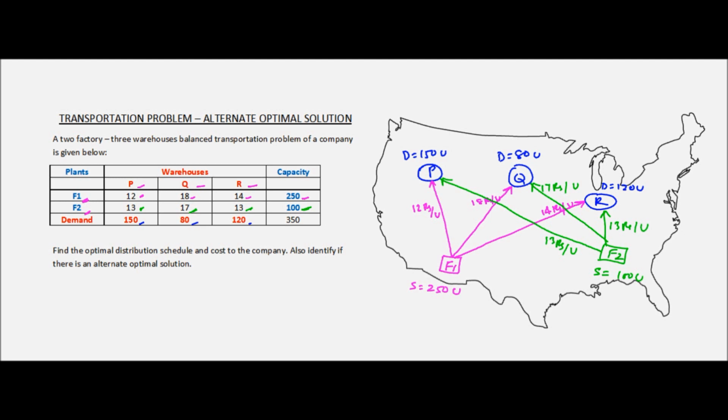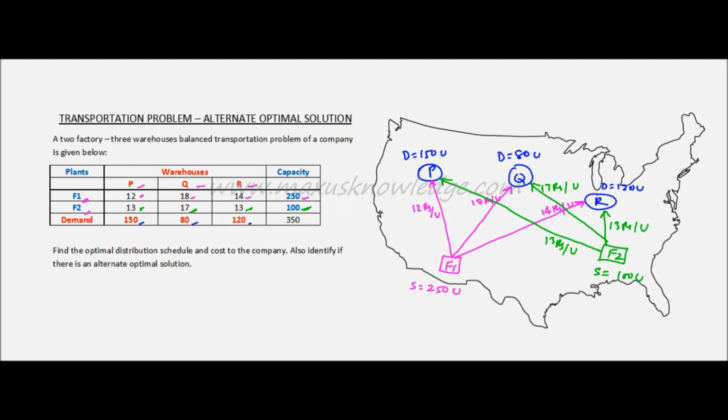So with this information given to us, we have to find out how much should be transported from each of these two factories to these warehouses such that the demand and supply constraints are not violated, and at the same time the overall transportation cost is the minimum.